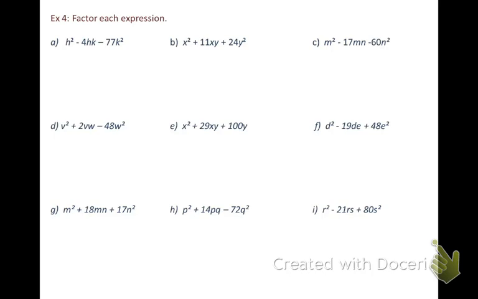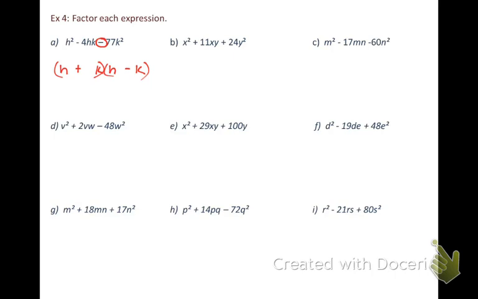This time it's a little different. You have a variable on the first part and the third part. That's okay. First of all, we're going to break up the variables. Notice on A we have a minus sign in the back, so you're going to have a plus and a minus. Then I'm going to break up the h's and the k's, and I also have to break up 77.